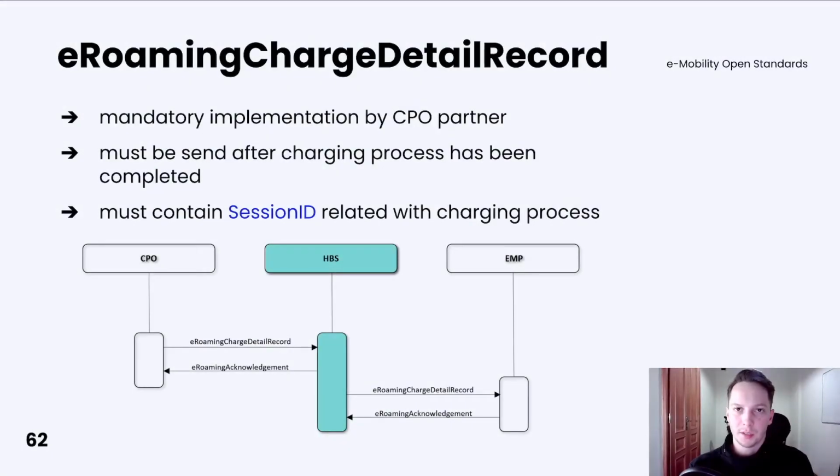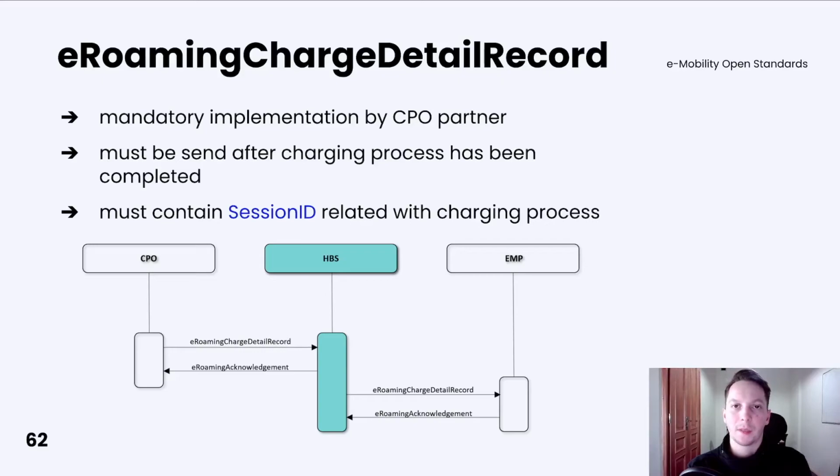After a charging session is completed, CPO must generate charge detail record associated with session ID. A CDR is a final summary of a charging session with details like meter values and consumed energy. CDR is immutable. You can think of it as a kind of an invoice for a charging session.